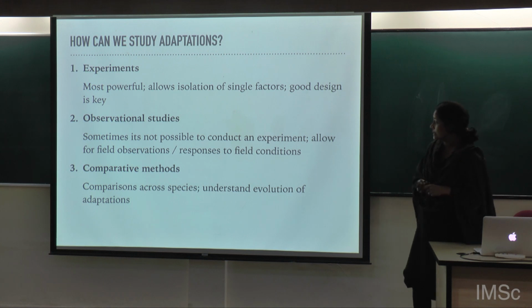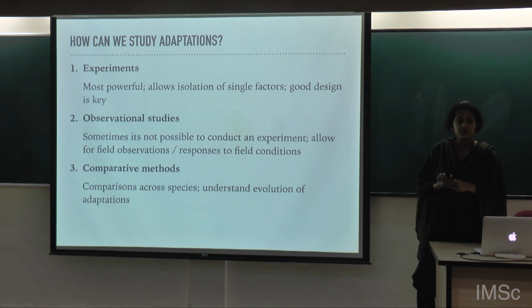You can also do observational studies and look at field observations to look for patterns. I'm not going into an explicit example of this, but there are several examples where we've studied behavior, especially with respect to field observations. The third is also interesting.